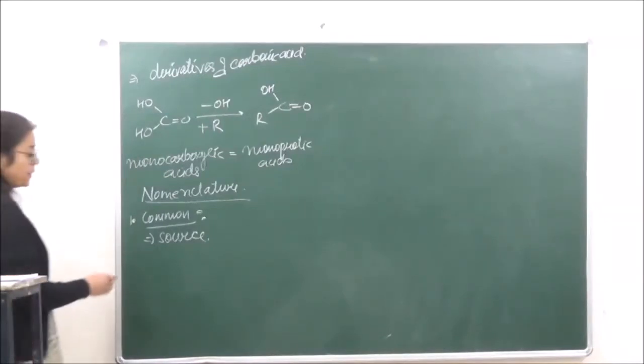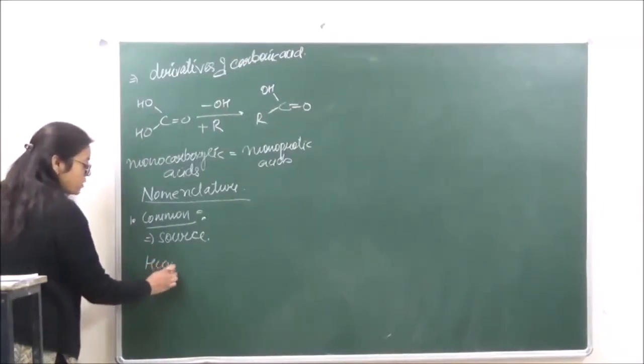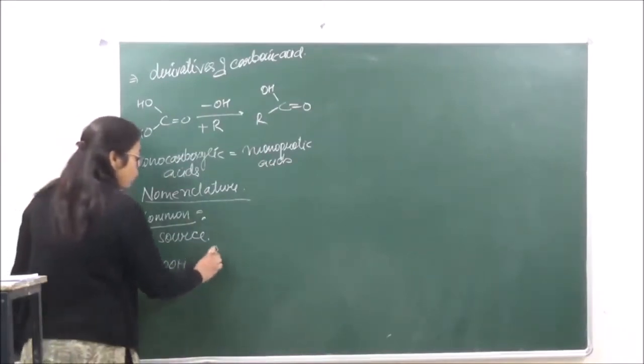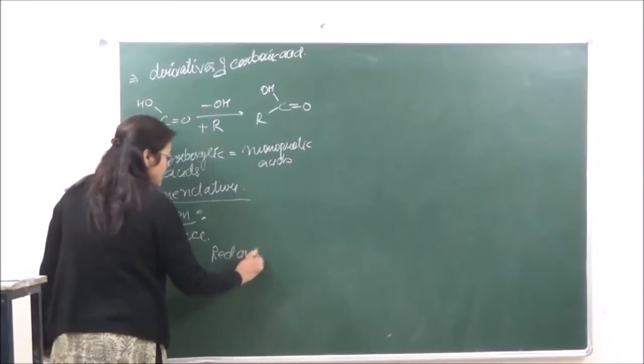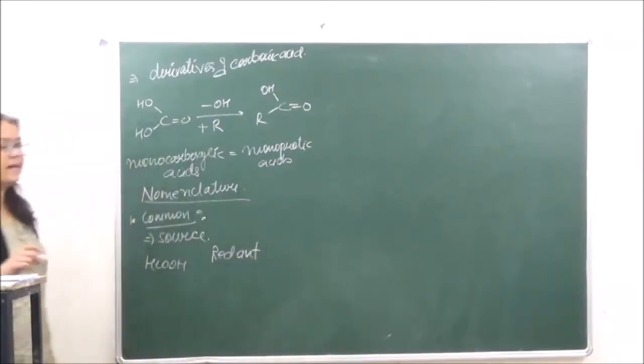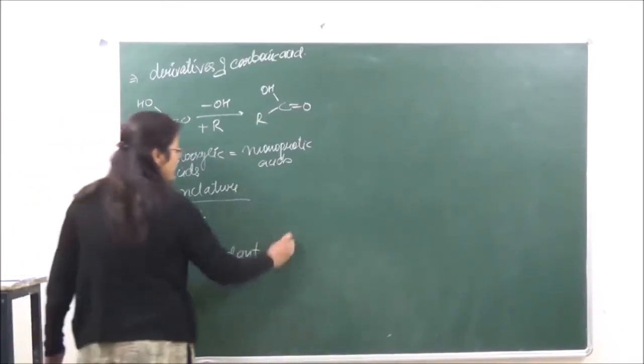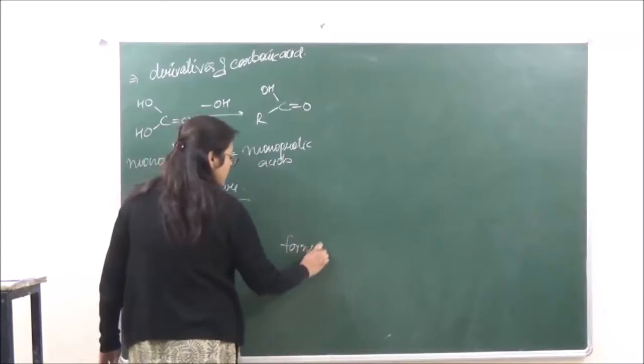For example, HCOOH is derived from the red ant, formica, from the sting of the red ant formica.